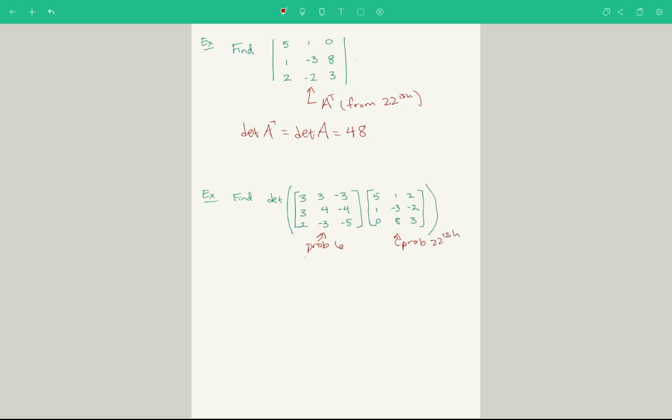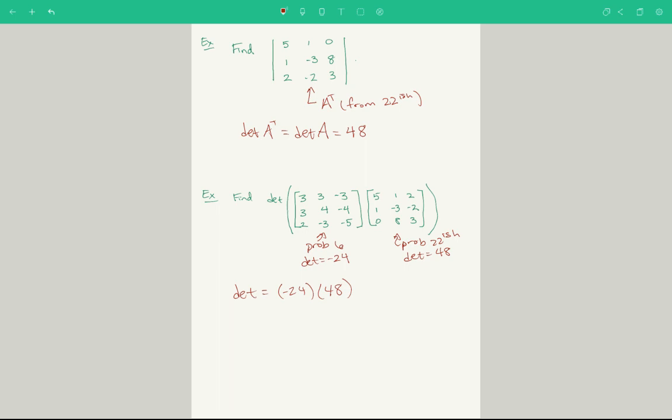So we already found these determinants. This one's determinant was -24, I want to say, and this one's determinant was 48. So if we want to find the determinant of that product, we could multiply the matrices and then find the determinant of that, or we can just multiply the determinants of each of the component parts, and that equals a very big number.